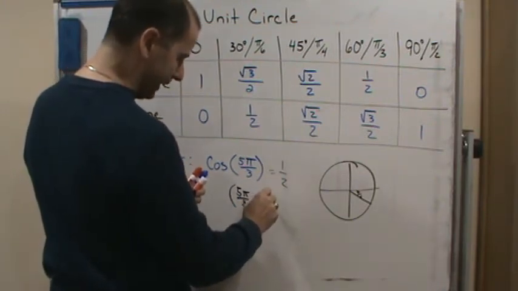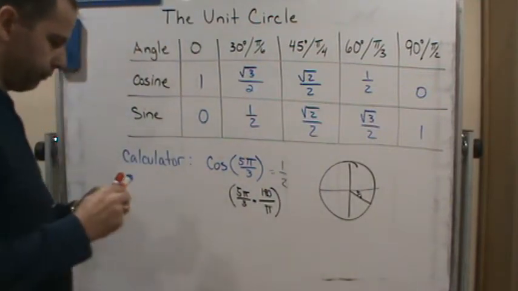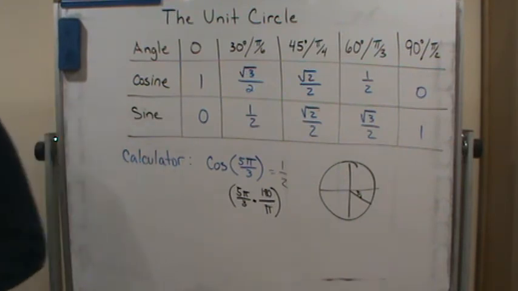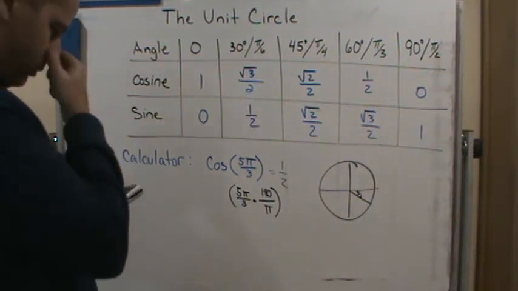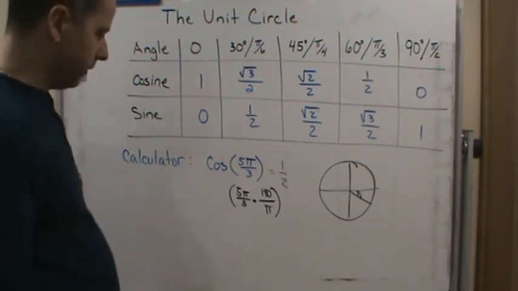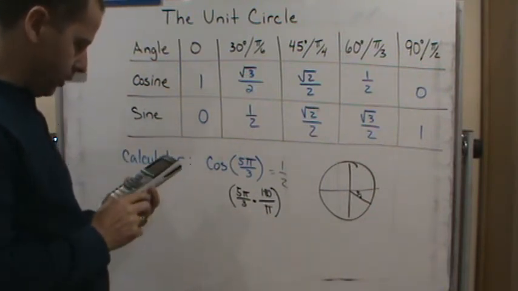That means 180 degrees for pi radians. So we would use that conversion factor to change this to degrees, and then you would put it in your calculator like this.